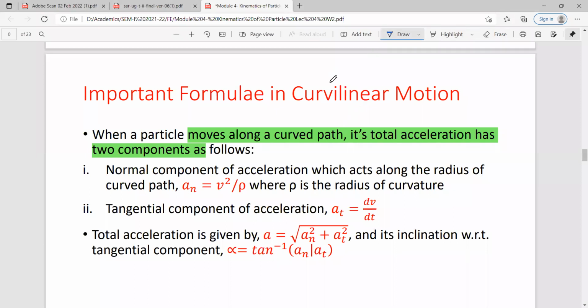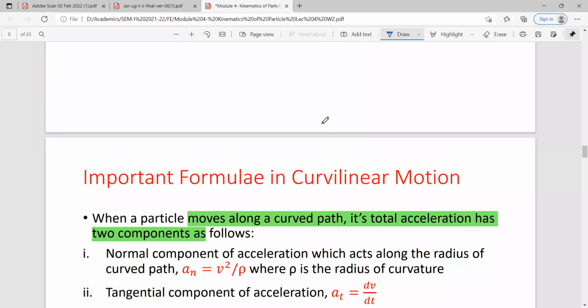Okay. So where we were last time, say there is a circular path like this. On this circular path, certain vehicle is moving, okay, with say some velocity v.